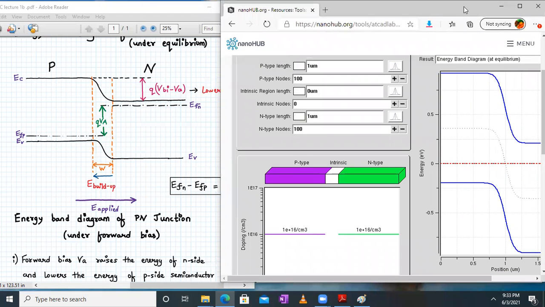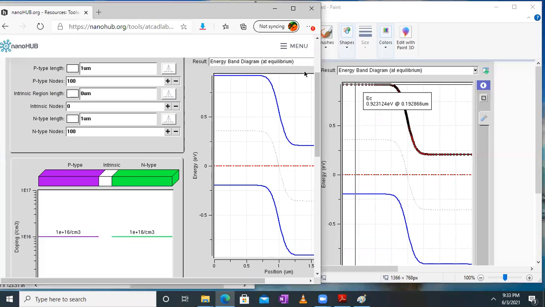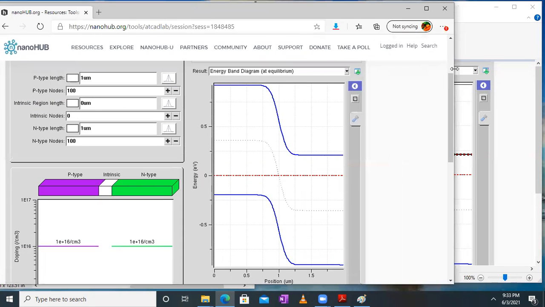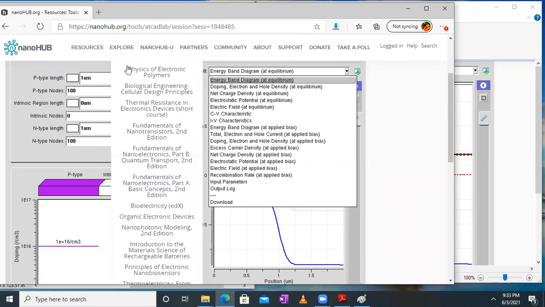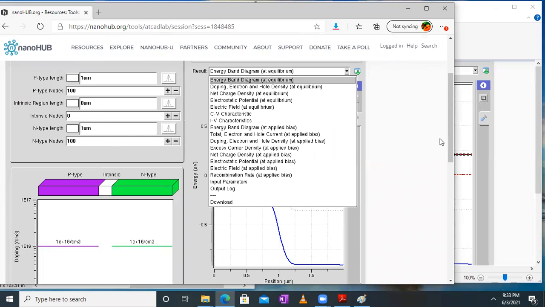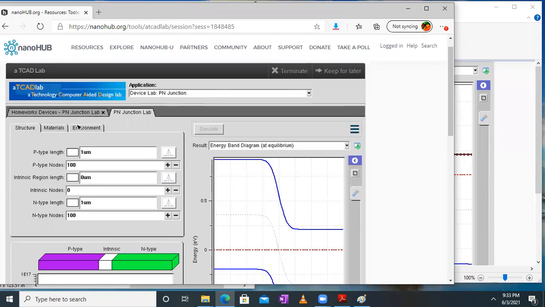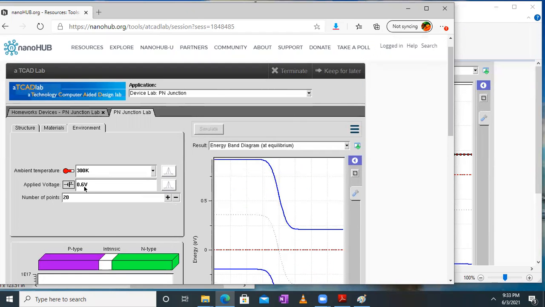Now let me take this as forward bias and plot the forward bias plot. So for the PN junction, how much forward bias voltage have we applied? Let me show it to you. We'll go to environment, and a forward bias of 0.6 volt is applied, let's say.